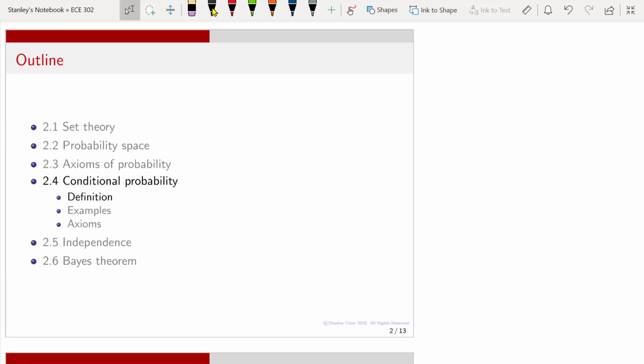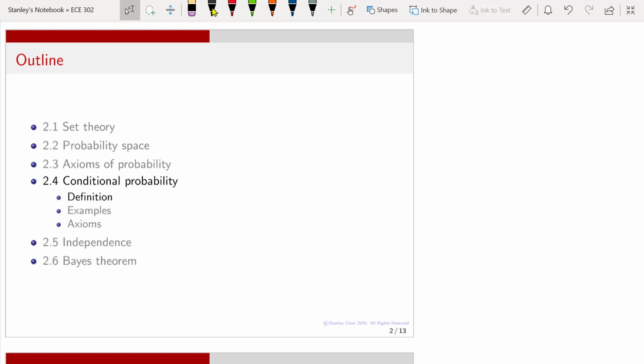Here is the outline of today's lecture. We're in the middle of the second chapter of this course, and we are now in section 2.4. In this section, we are going to learn one very interesting topic, which is about linking the relationship between two random variables or two random events.